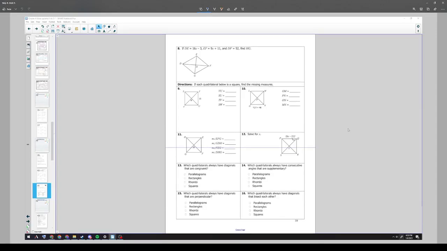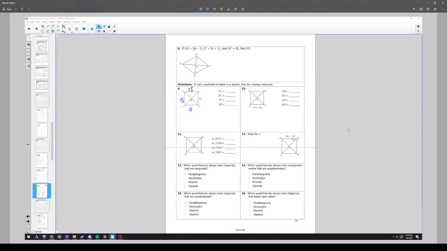properties. So we start with squares at number 9 here on page 39. And we know that one property that all of these shapes have is that these are all equal. That's because it's a rhombus. We also know that the diagonals are equal.